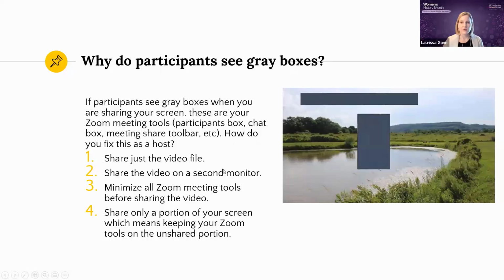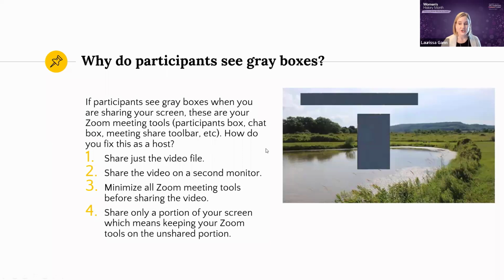Okay. Why do we see gray boxes sometimes? If you've ever been in a session and someone's sharing and you see gray boxes, this is because they're sharing their screen and you can see their meeting tools, their participants box, their chat box, their meeting share toolbar. So how do you fix this as a host? When you want to share a video, you can just share the video file. That will correct this.